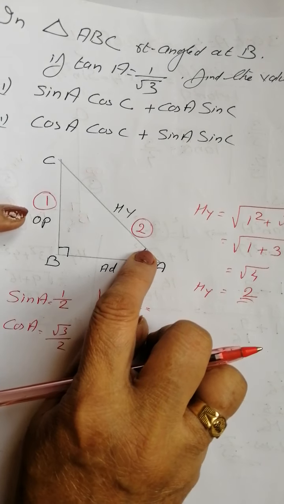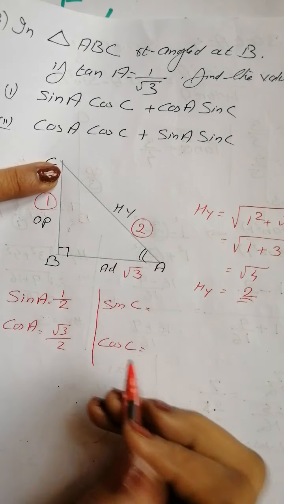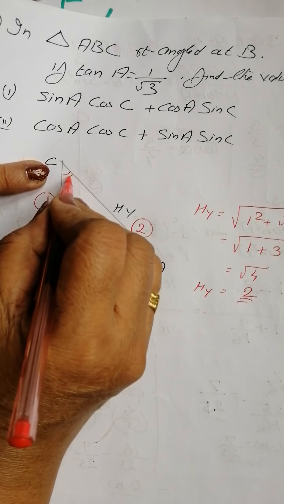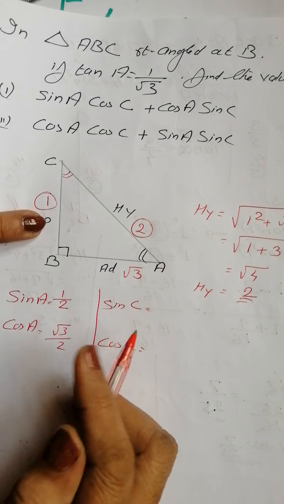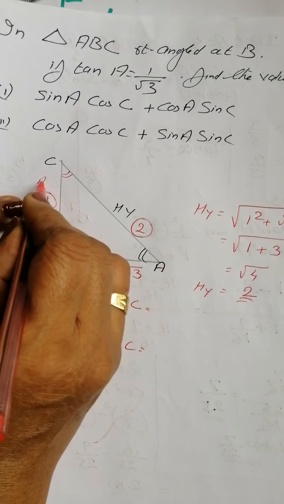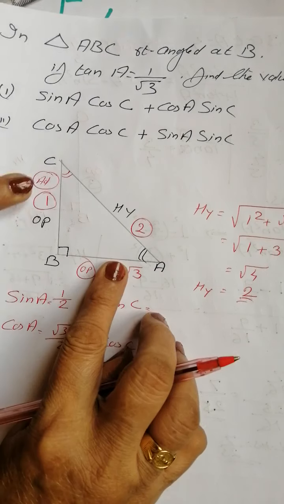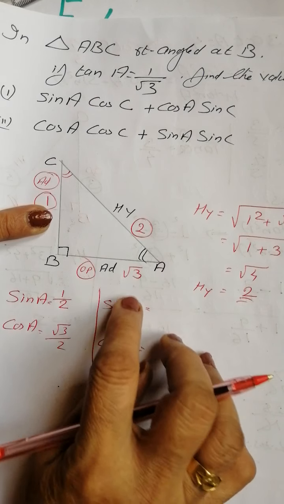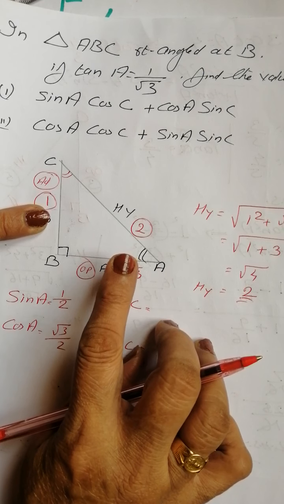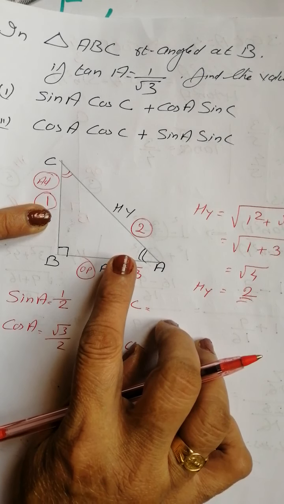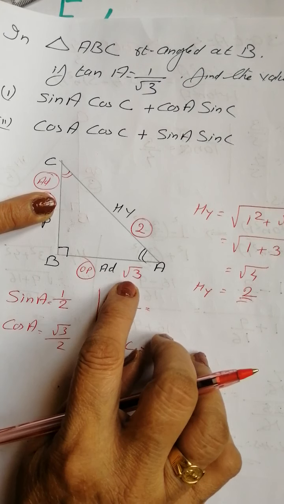Forget about this one. Now I am making with the red. This became the adjacent and this became the opposite. Got it? So what is sin C now? Think of that.